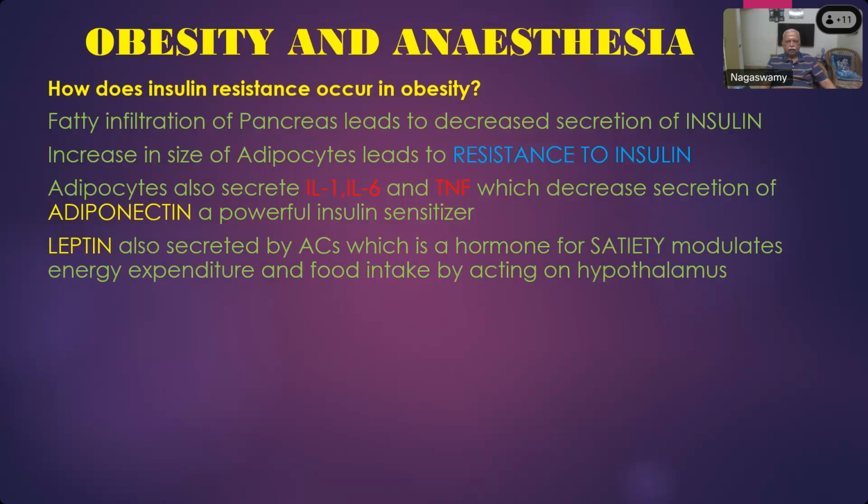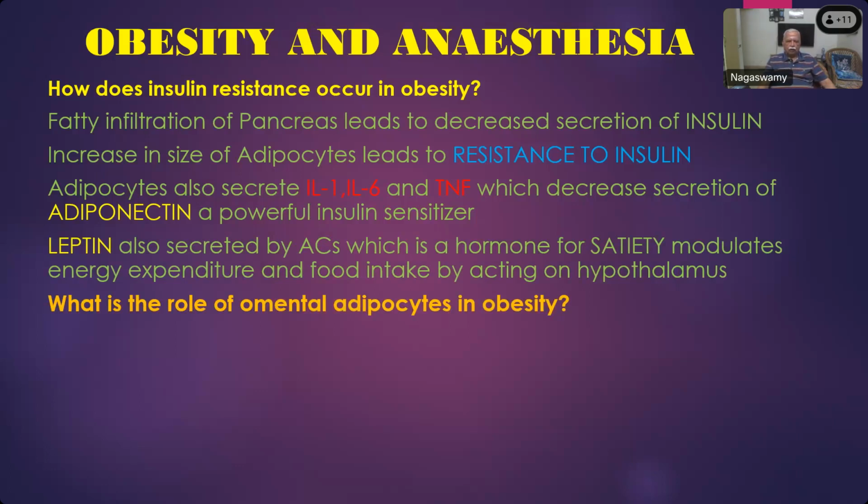That is another reason the intake of calories increases, which also results in obesity. So these are all the insulin resistance, more food intake, inadequate insulin release, and inadequate insulin action. All these things make the person insulin resistant and lead to early formation of diabetes mellitus.